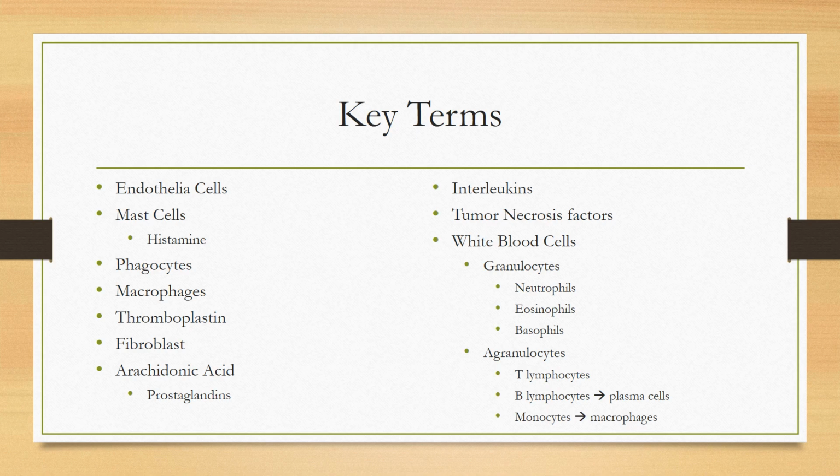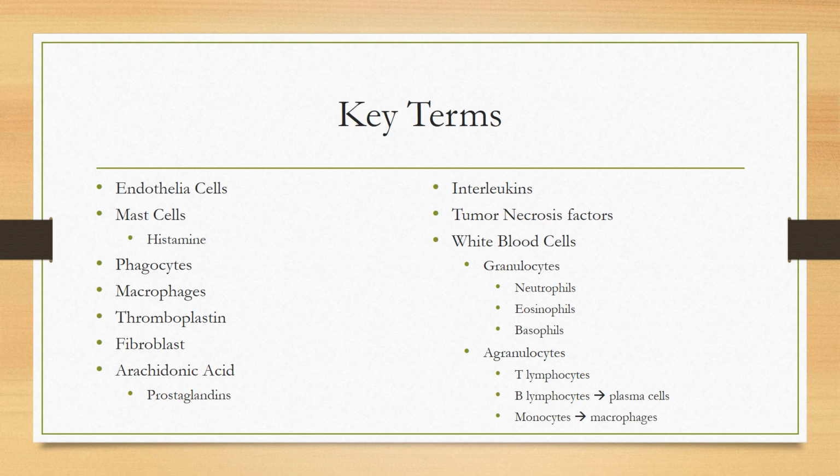Tumor necrosis factor is a multifunctional cytokine that plays an important role in different cellular events such as cellular survival, proliferation, differentiation, and death. And it is a pro-inflammatory cytokine, and it's secreted by inflammatory cells that's involved in that whole inflammatory process.